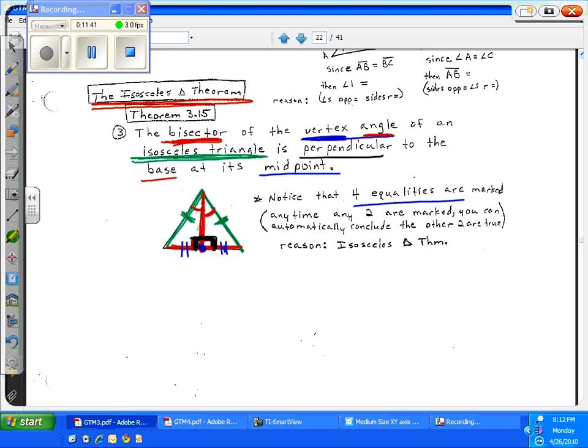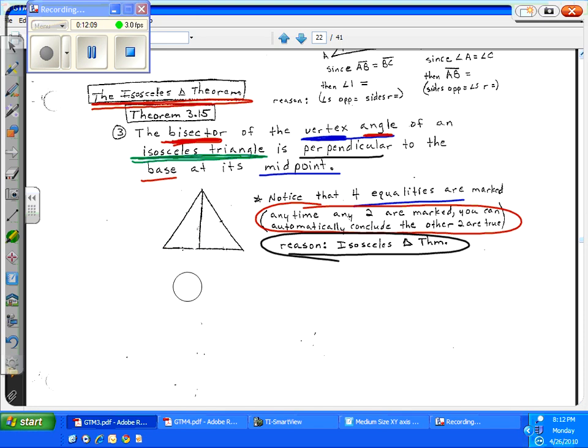And we've got in blue the fact that it's a midpoint. Anytime, and this is important, anytime two out of those four things are marked, you can automatically conclude that the other two are equal and justify it with the reason Isosceles triangle theorem.